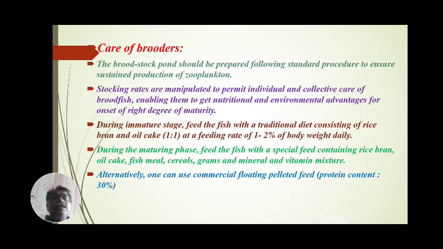When immature brood stock is captured, it can be fed with a traditional diet consisting of rice bran and oil cake in a ratio of 1:1, that is one part rice bran and one part oil cake.